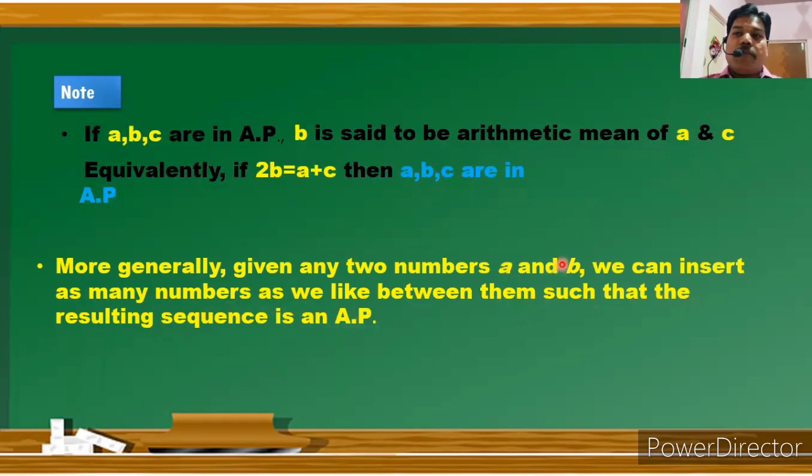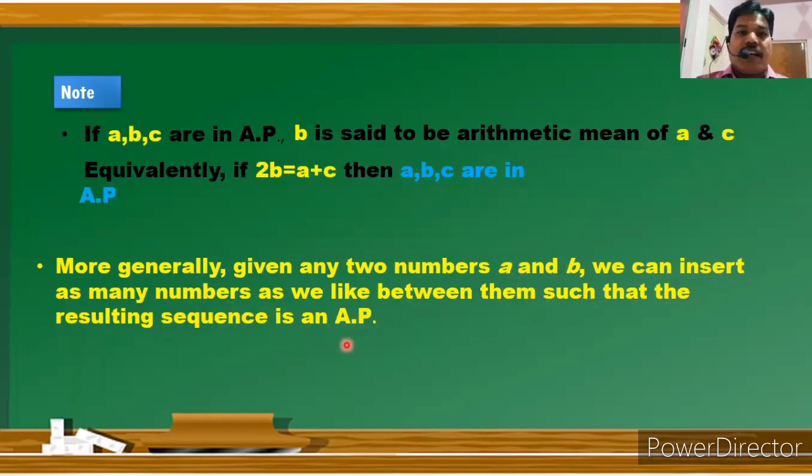So in the two numbers we can insert as many numbers as we like, so the resulting sequence is an AP.